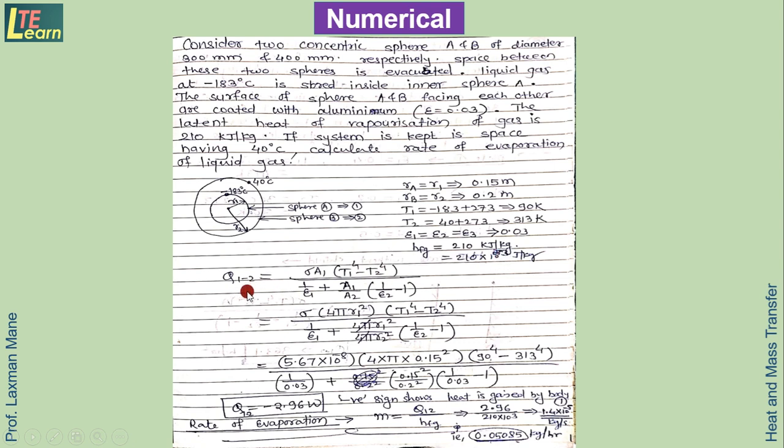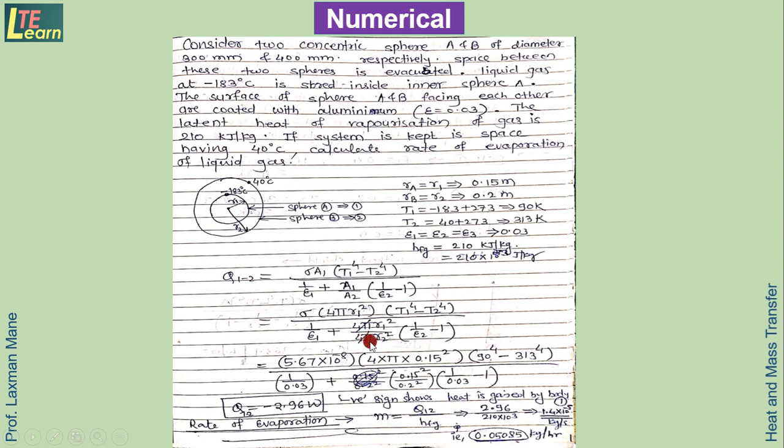Now let us write the formula: heat exchange equals sigma A1 into T1 raised to 4 minus T2 raised to 4, divided by this expression. The surface area of the sphere A1 is 4 pi r1 square. In the denominator, A1 by A2, where A1 is 4 pi r1 square and A2 is 4 pi r2 square. The 4 pi will cancel in the numerator and denominator.